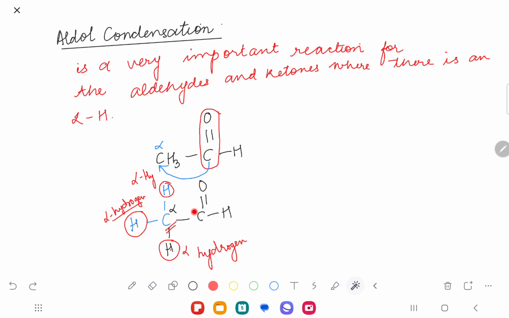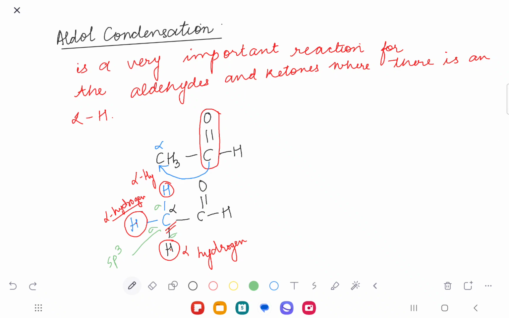So we have the C double bond O group, and the next carbon to the C double bond O, provided that carbon is an sp3 hybridized carbon. What do you mean by an sp3 hybridized carbon? It is a carbon forming four sigma bonds. Such a carbon is called an alpha carbon.